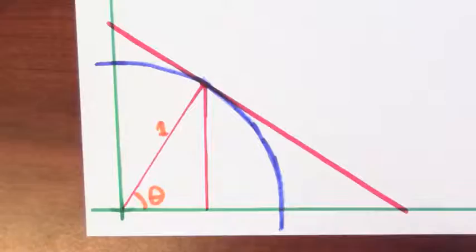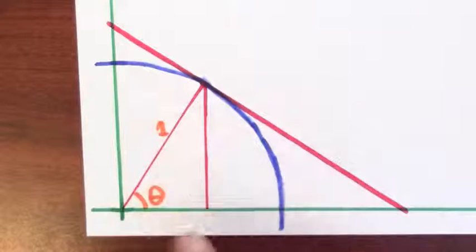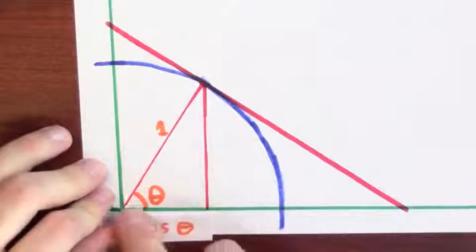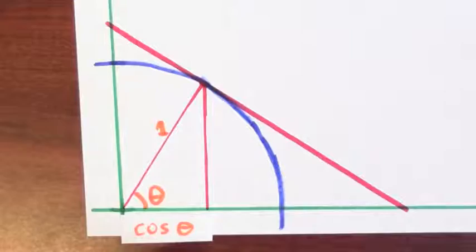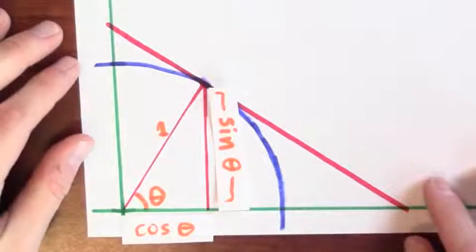There's also a lovely geometric picture that kind of sells you on the idea that these 6 trig functions have some special role. For example, here's a unit circle, and I've drawn an angle of measure theta, and we know what some of the lengths in this picture are. This length across the bottom here is cosine theta, and this length here, the height of that right triangle, is sine theta.